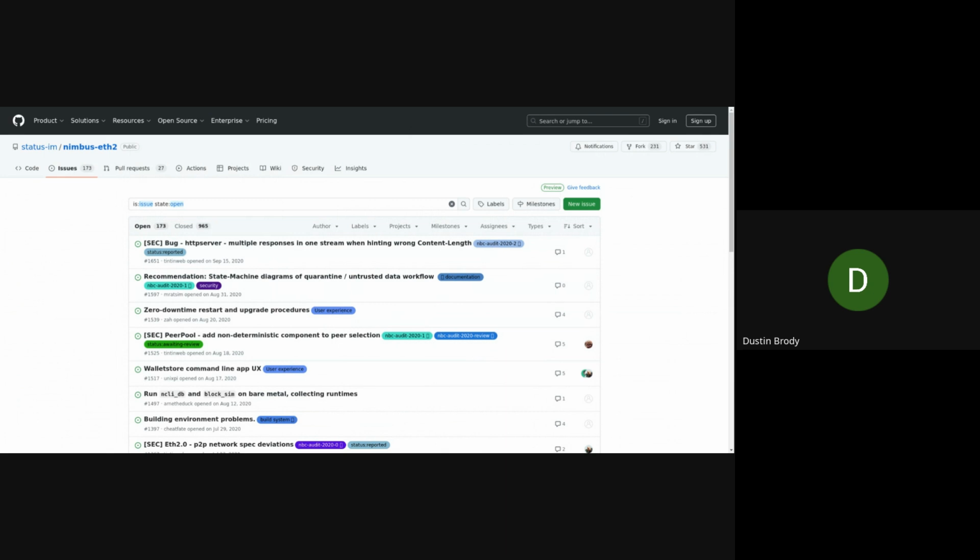There are a number of cryptography things, and this is something I don't know as well. All the CLs use the same cryptography library, by the way, BLST. So high risk, high reward. It is hardened, and there's a lot of attention on it. So if you can find something, congratulations, but it's going to be hard at this point.